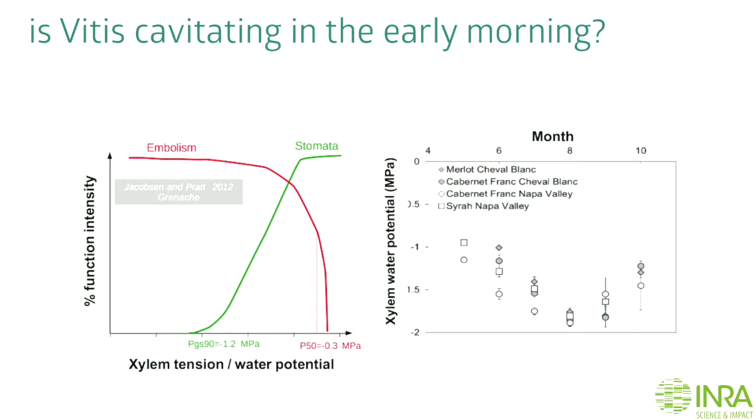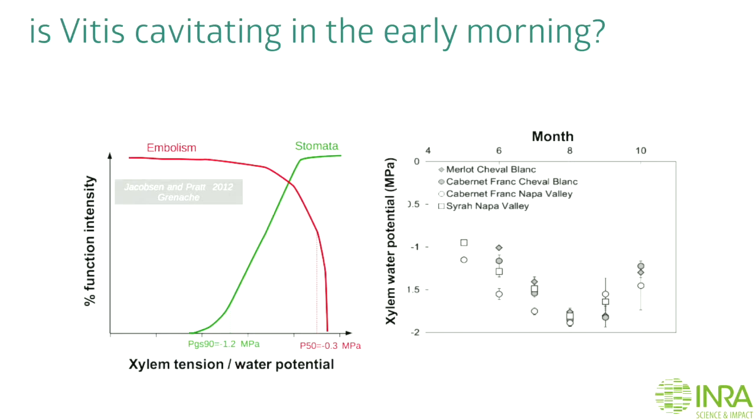So as soon as the stomata open, poof, there is a drop in water tension that creates the apparition of air bubbles. It is extremely worrisome for the industry, because if this is true, that means that the plant cavitates all the time. Because at -3 bars, very few vineyards function at -3 bars.